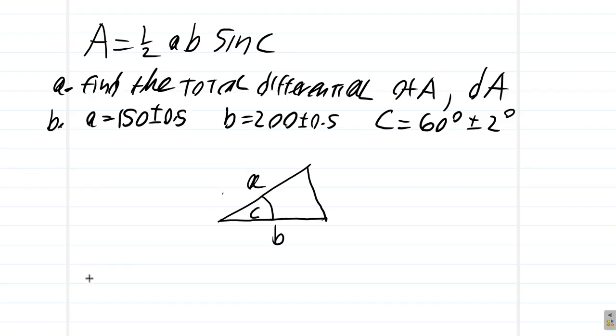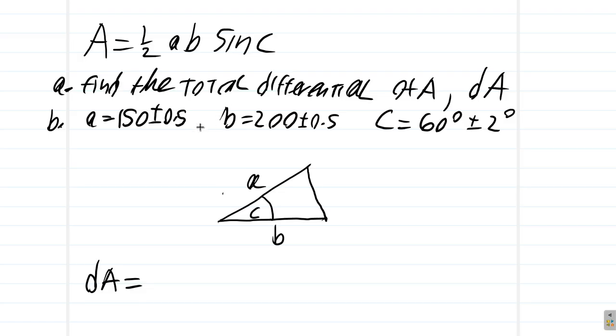Now, the total differential dA. Remember, you're going to have this small change in A as the rate at which one of these variables changes with respect to A times a small change in that variable, plus the next and the next.